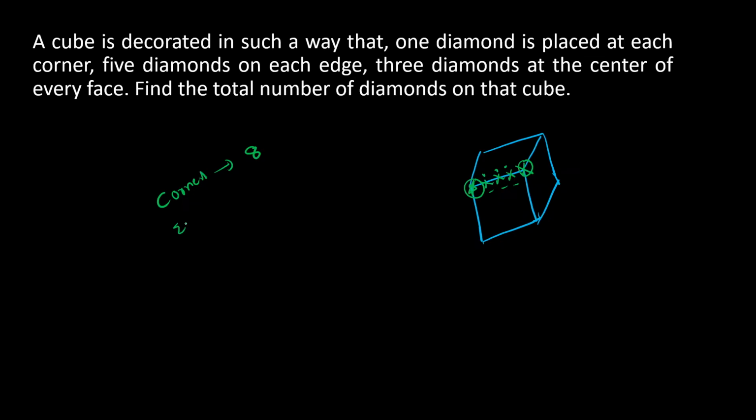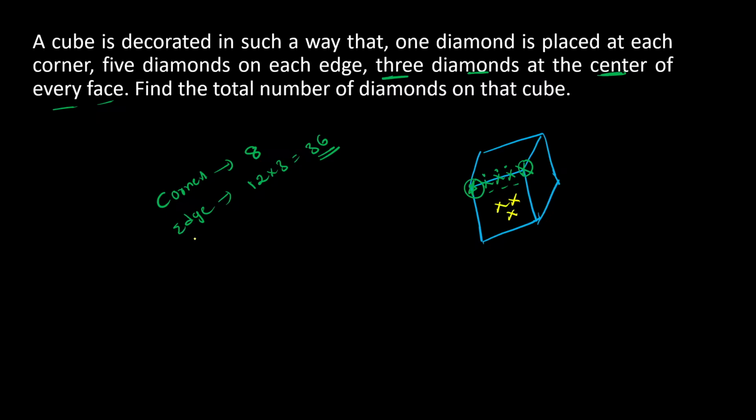And we know that 12 edges on a cube. So it's 12 into 3, which gives you 36. So as far as edges are concerned, you will find 36 diamonds. And then 3 diamonds at the center of every face.